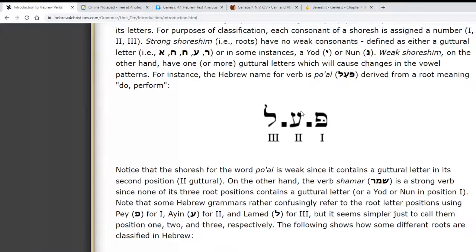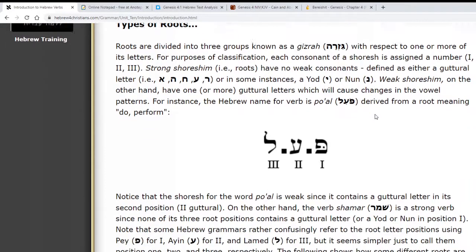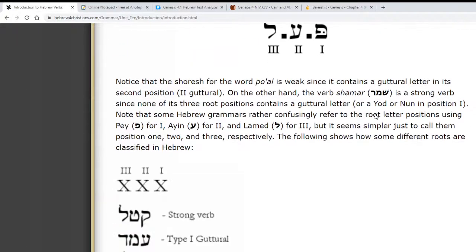And the important thing is to recognize that some letters being guttural are considered weak. So they will change more when you're conjugating, right? So if you have a resh, ayin, het, hey, or aleph, or yud and nun, that absconds, it hides a lot more.